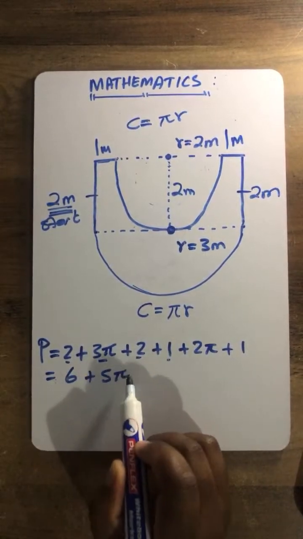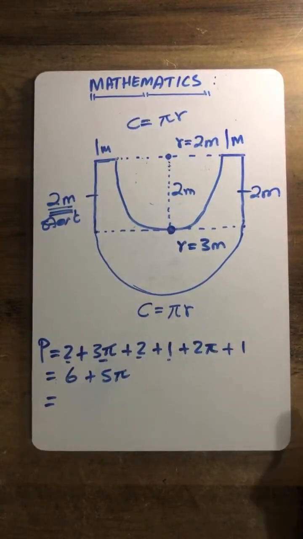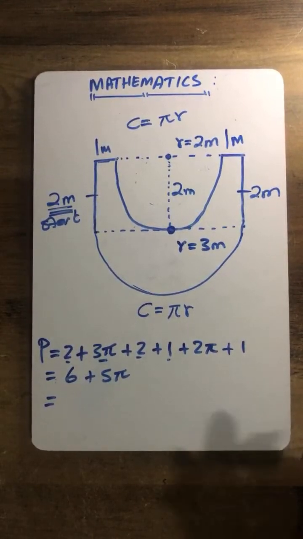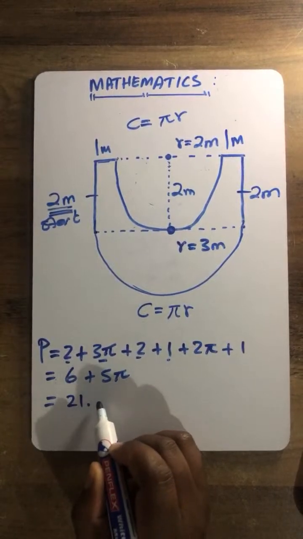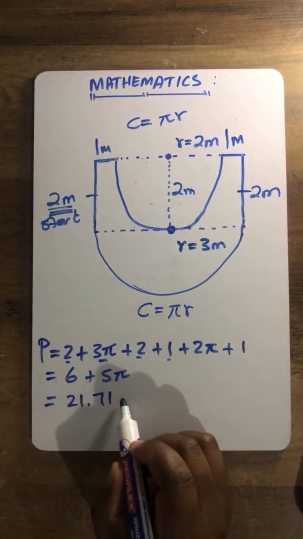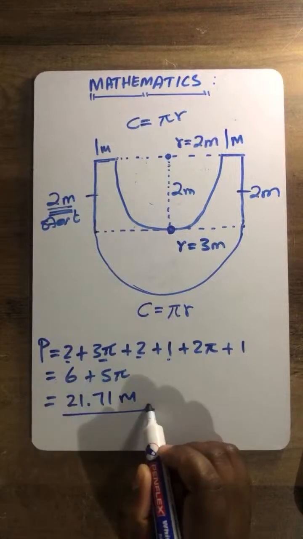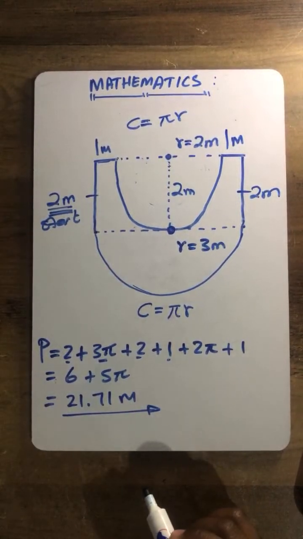That makes it 5 pi. So the perimeter is 6 plus 5 pi. According to me, this will be the perimeter.